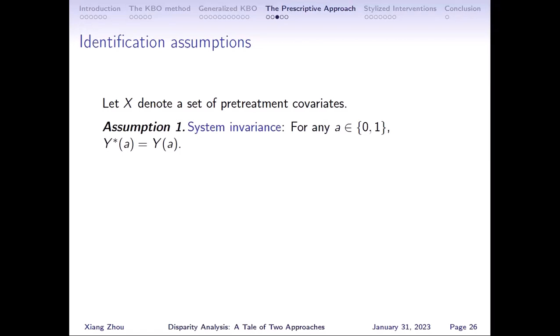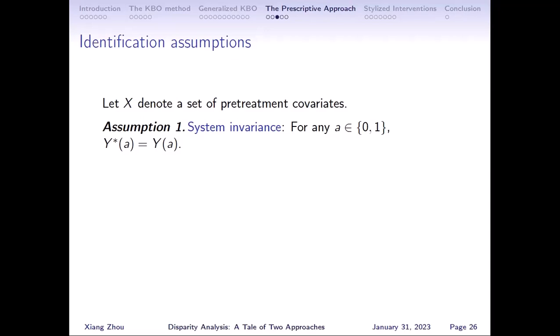The most important additional assumption we make, in addition to conventional assumptions in causal inference, is system invariance, which states that the potential outcomes under treatment and under control will be the same before and after the intervention. This assumption could be violated if we consider a large-scale intervention on treatment assignment.